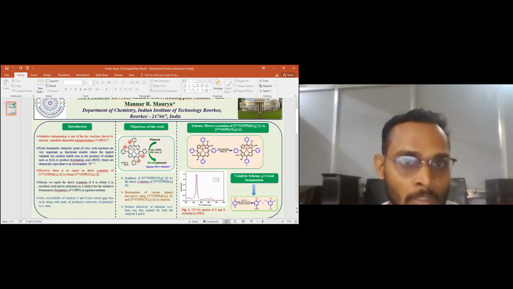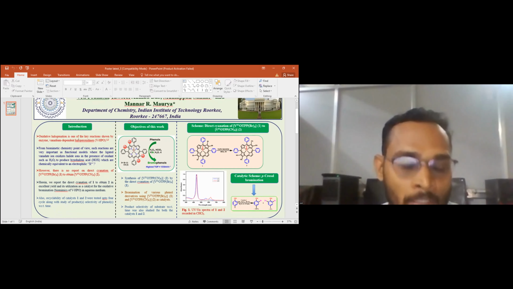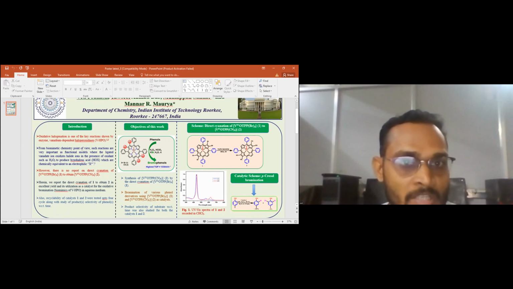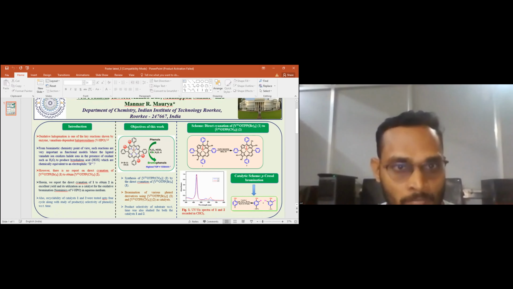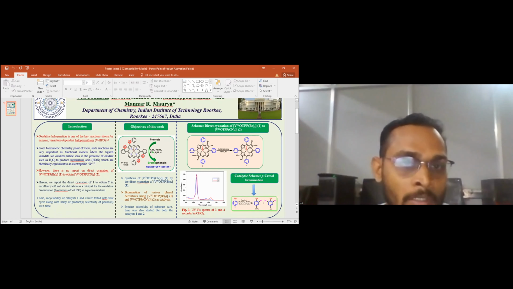As some of us might know, vanadium haloperoxidase is a very important enzyme that is used as a brominating or chlorinating agent, and we are here to mimic such an enzyme by changing its coordination with a different type of ligand.